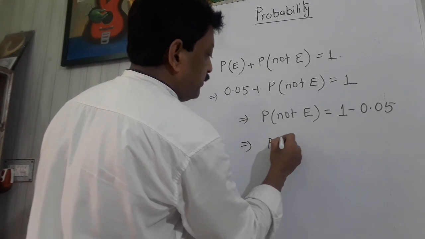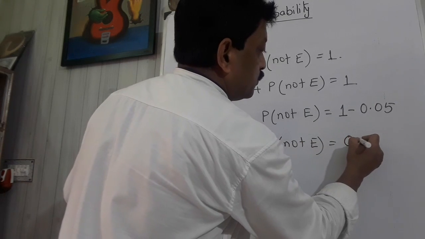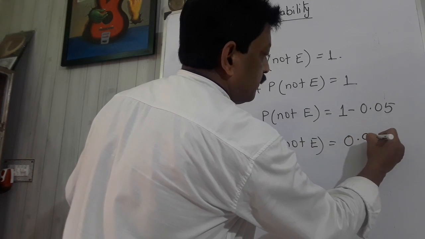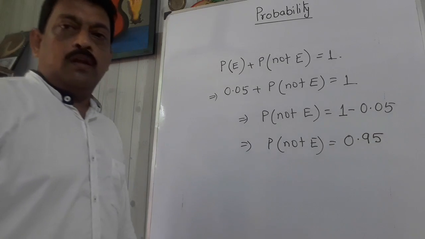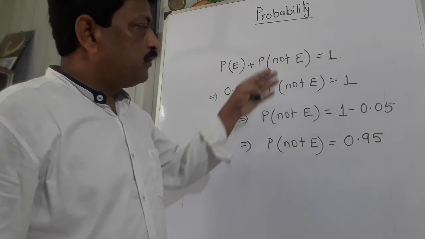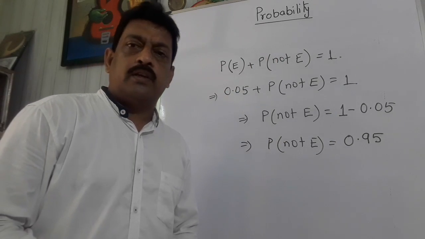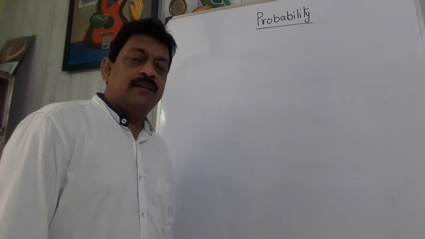So the answer will be 0.95. So if P(E) is known, we can calculate P(not E), and if P(not E) is known, we can easily calculate P(E).